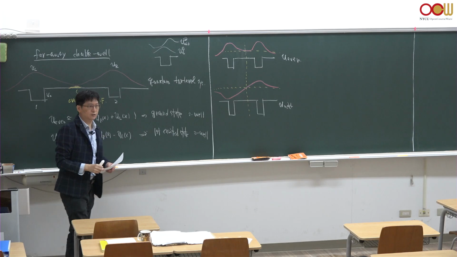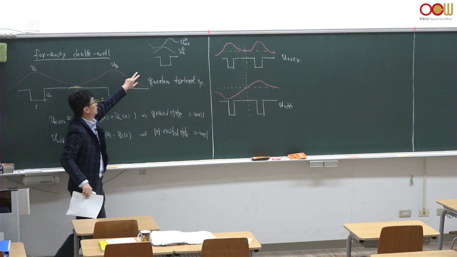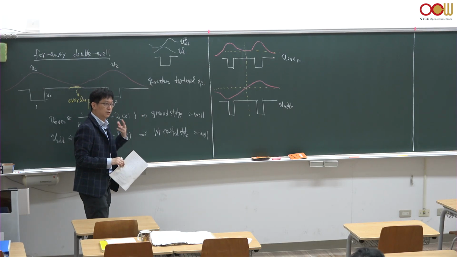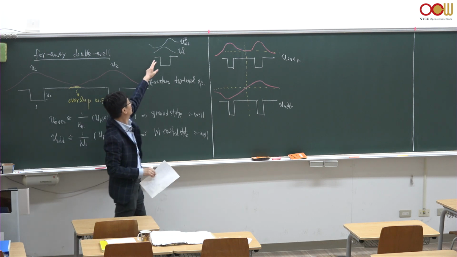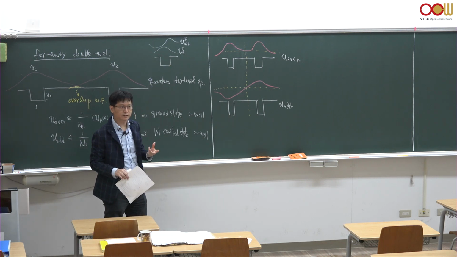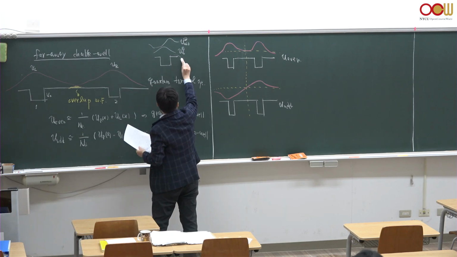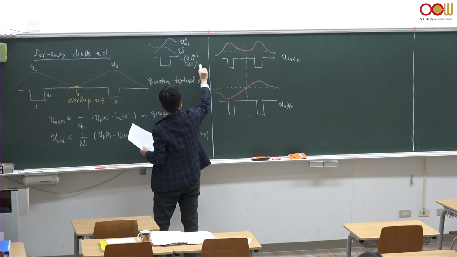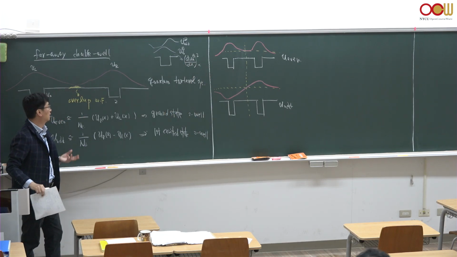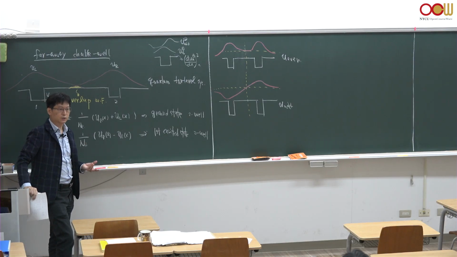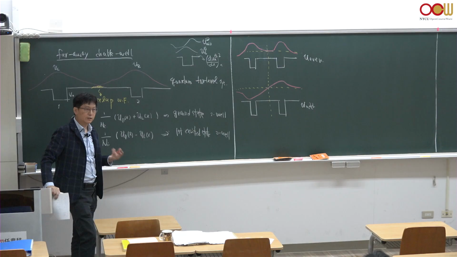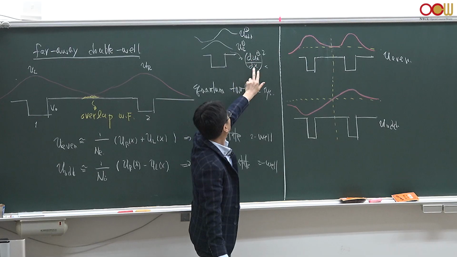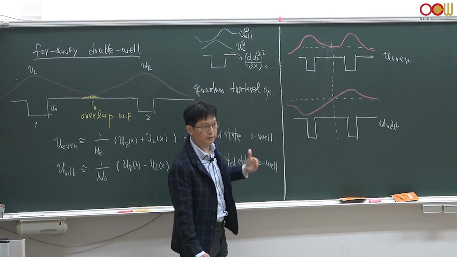The reason, as I mentioned earlier, is that for the even parity eigenfunction, if you calculate the slope, or first derivative of this wave function with respect to x, you'll find that the kinetic energy is lower, because u_even shows a smaller derivative, or square of the first derivative. Remember, the slope of the wave function has the meaning of velocity or momentum, right? So when the slope takes a smaller value, you have a lower kinetic energy.